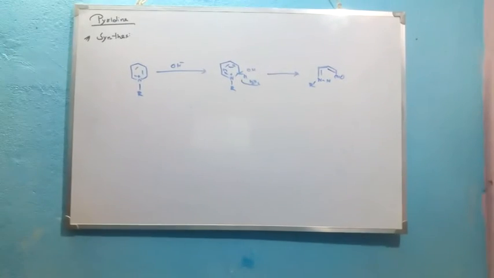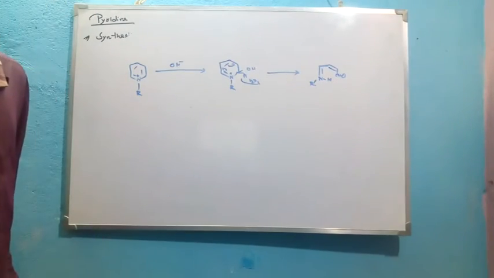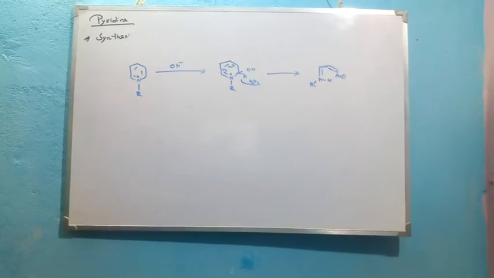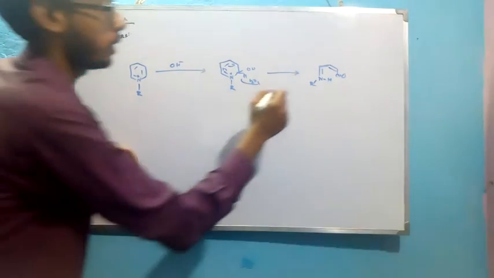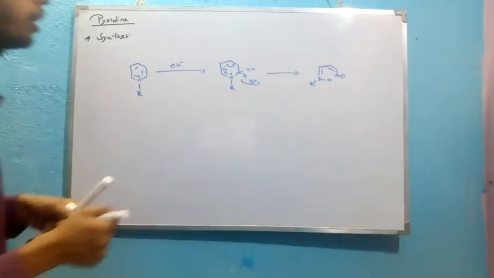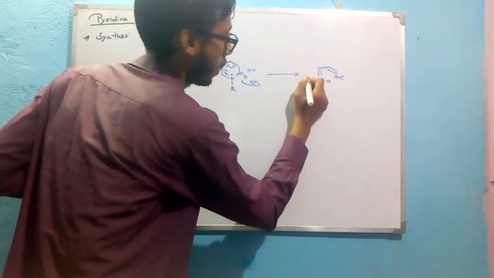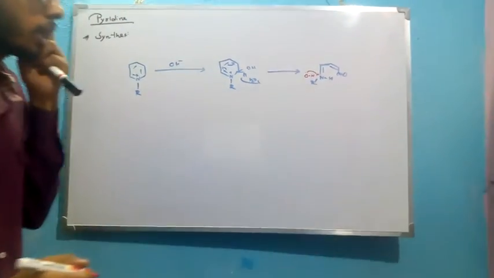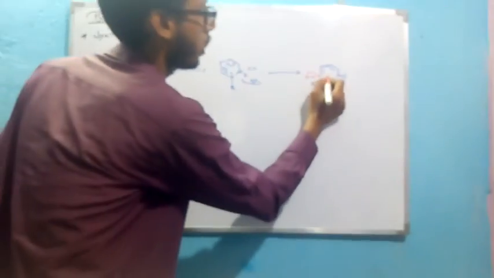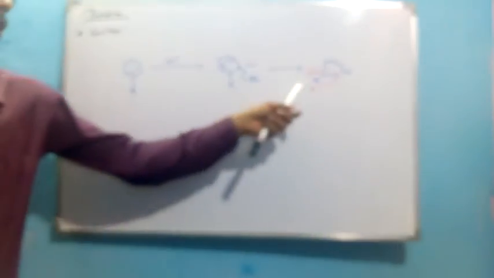So the ring opens, and further, when another hydroxyl group attaches at that position, removal of NH2 occurs, in the form of RNH2.